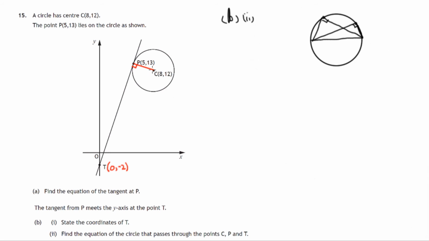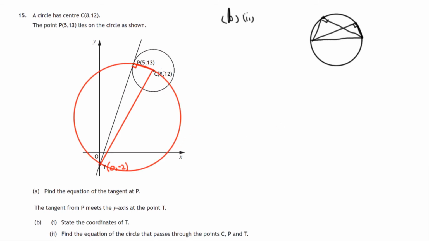So let's draw that diameter on this diagram. And the circle that we'll be looking at must have its centre as the midpoint of CT. So let's attempt a sketch of that circle. That's a pretty good representation.